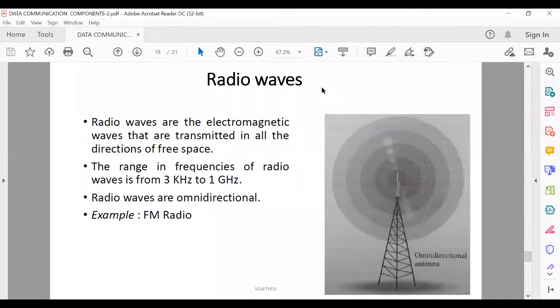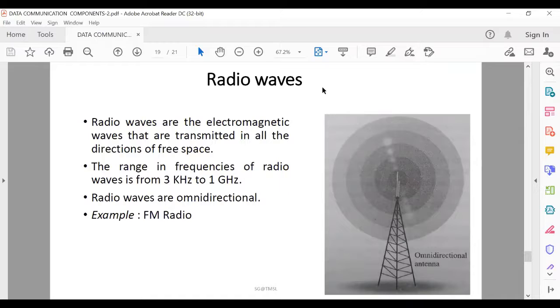Radio waves are basically electromagnetic waves that are transmitted in all the directions of free space, and these are omnidirectional. That means the signals are propagated in all directions. The range of frequencies used in radio waves is from 3 kilohertz to 1 gigahertz.